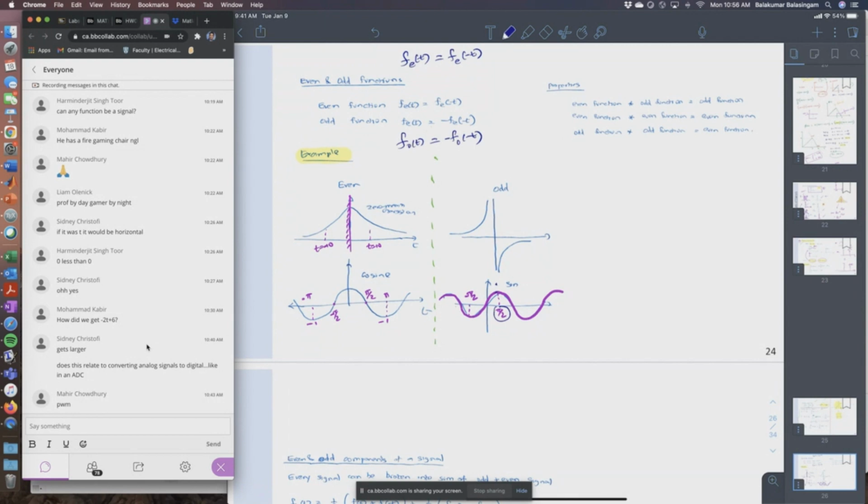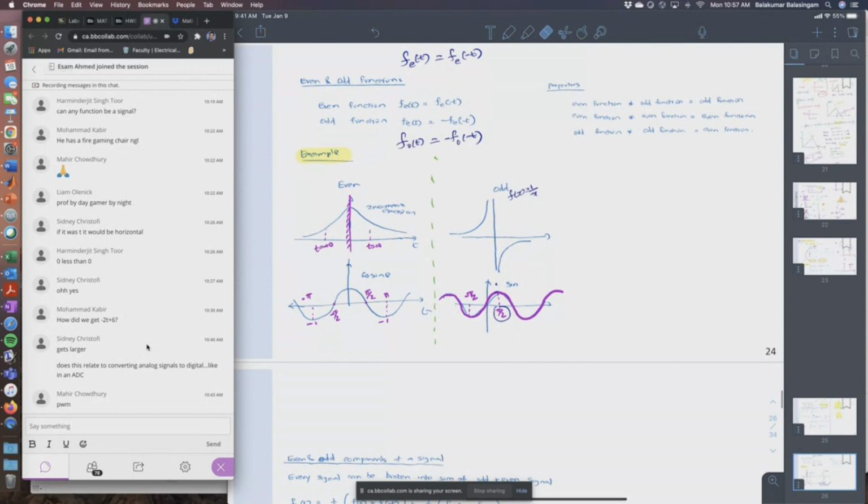And then this function right here is another example. Is that f(x) equal to 1 over x, or is it minus 1 over x?